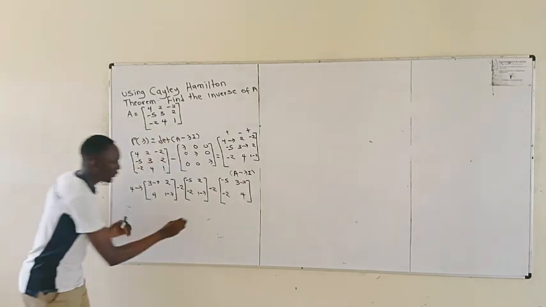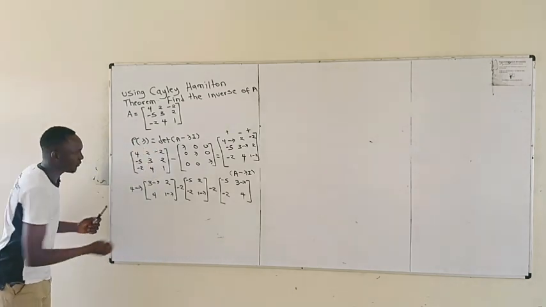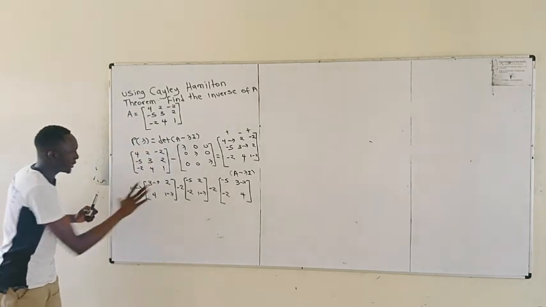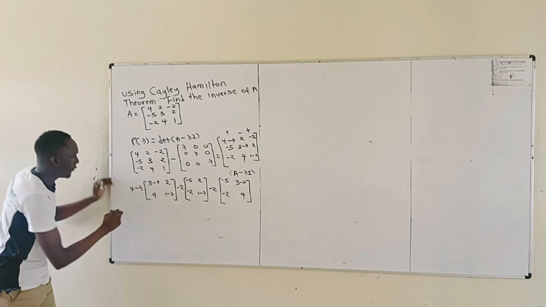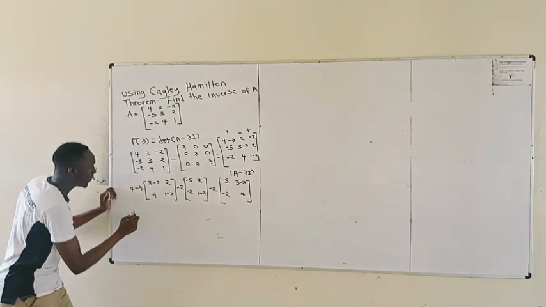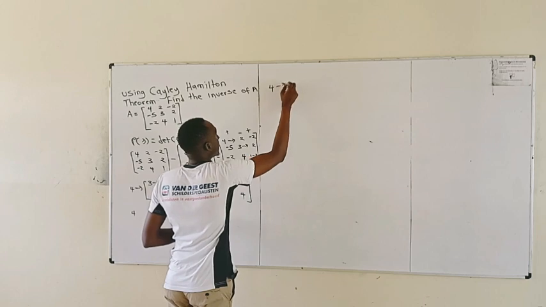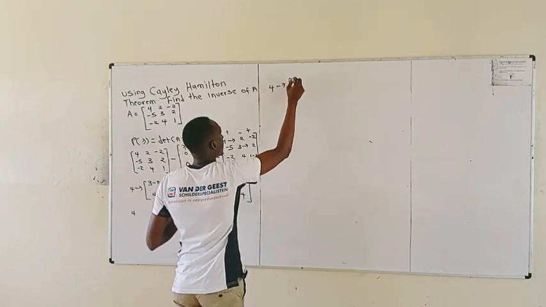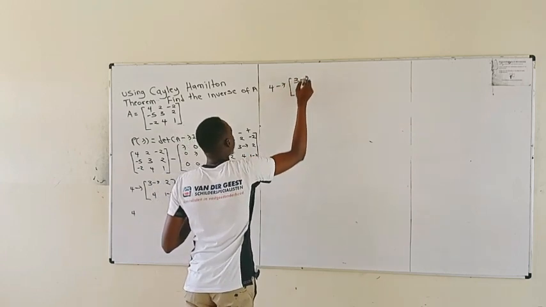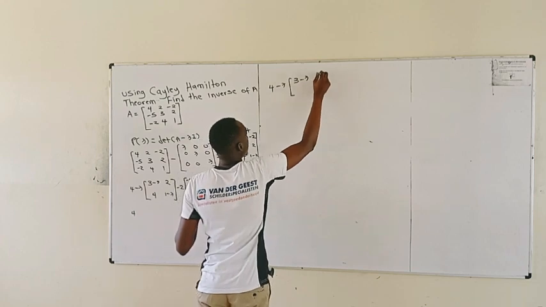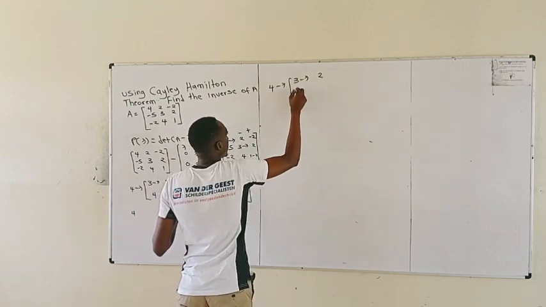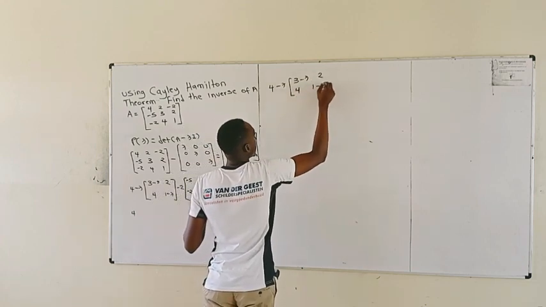Now, we want to find the determinant. Let's solve this step by step. Let's start with the first part, where we have 4 minus lambda into 3 minus lambda, 4, 2, 1 minus lambda.